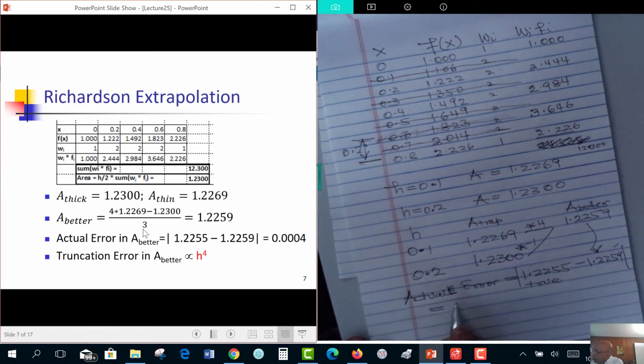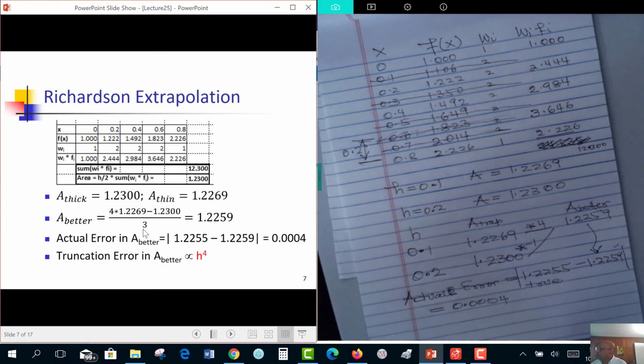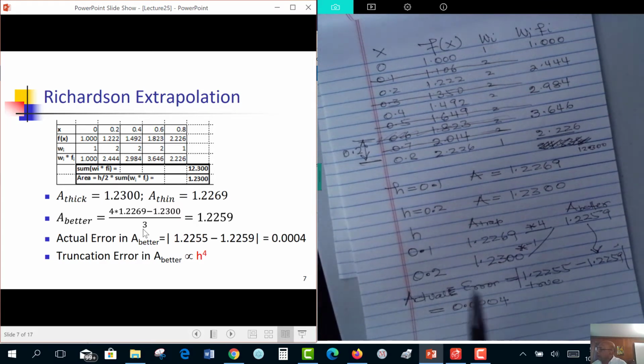So our actual error is reduced further, right? Remember, this was our best value, which was 0.0014 off. Now we have improved it by an order of magnitude.